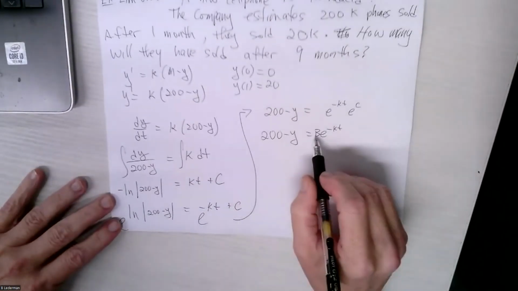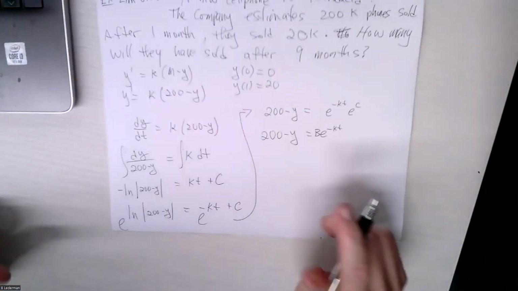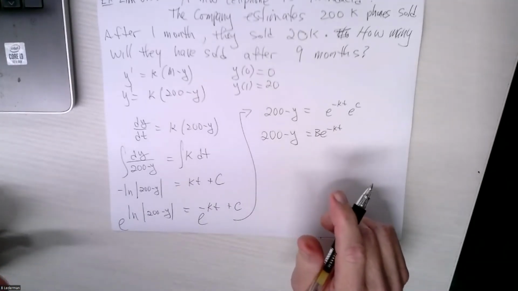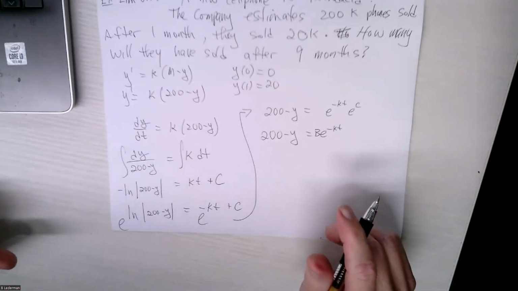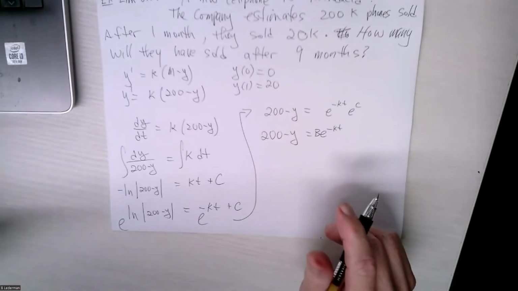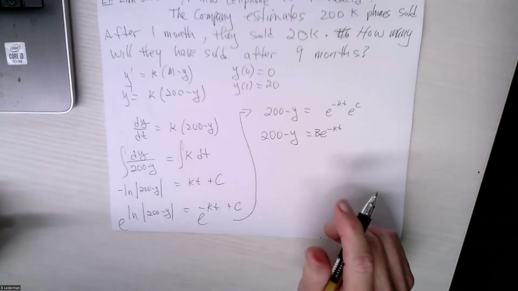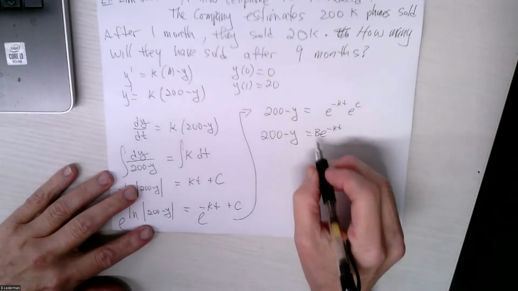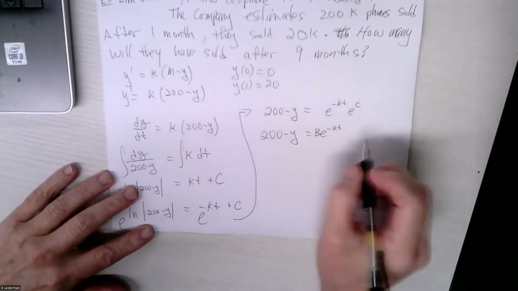Again, we have a b, we have a k, we want to figure out what they are. So let's first of all solve for y. I'm going to change that constant's name, because I want to keep it all positive.